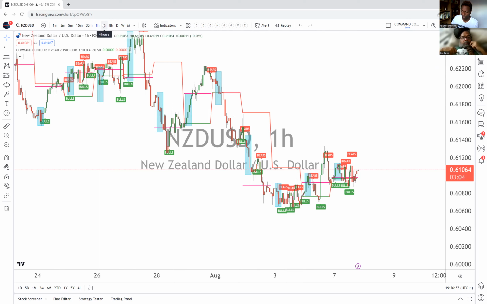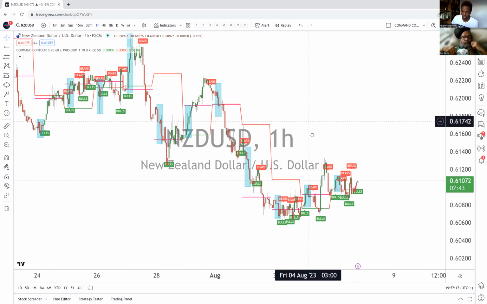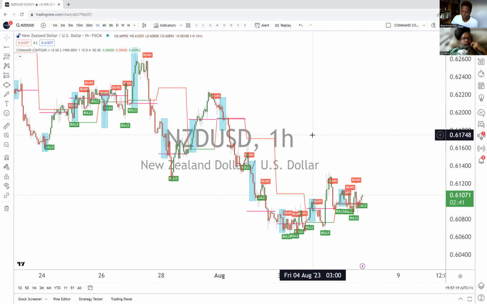Although the bulls and bears strategy on the higher time frame is more of a longer term thing. But if we understand the fundamentals pushing the market, then we know that we're just going to stay in. Once we have our bulls or bears signal still showing, we're just going to stay in the trade until otherwise stated.